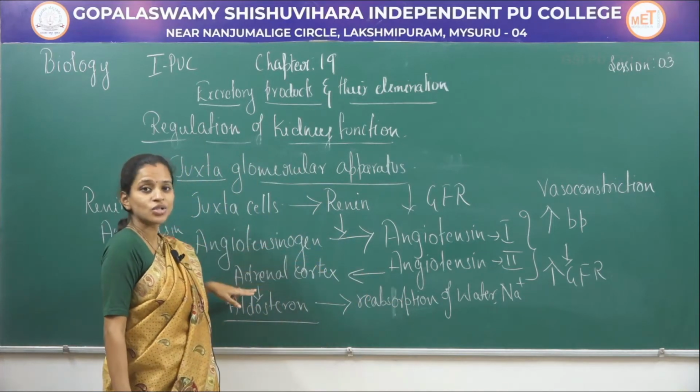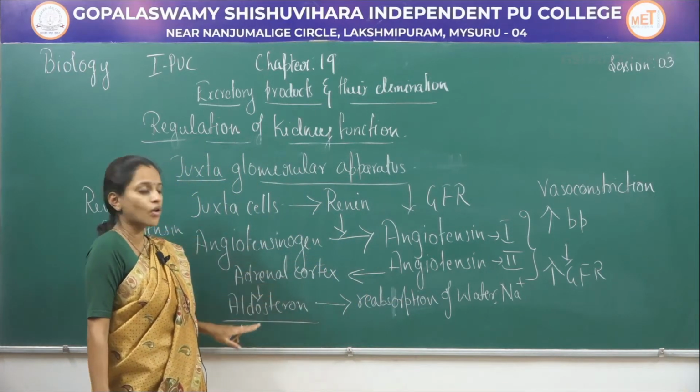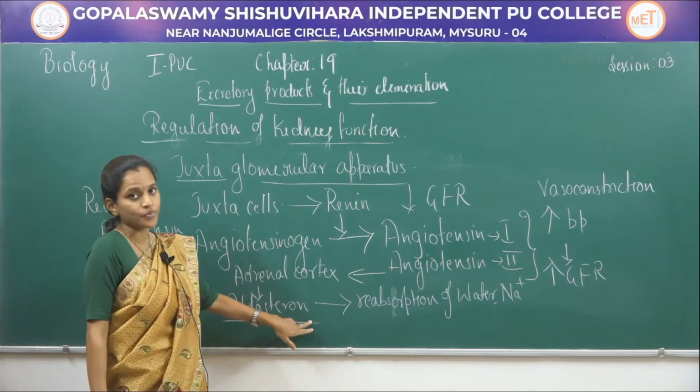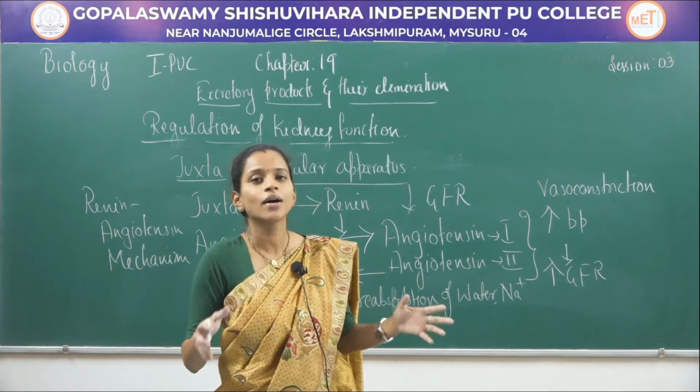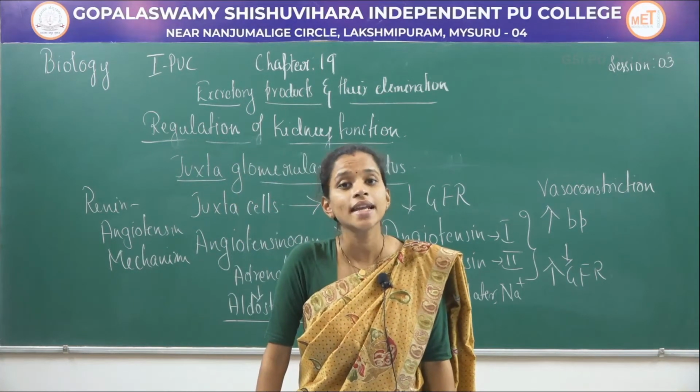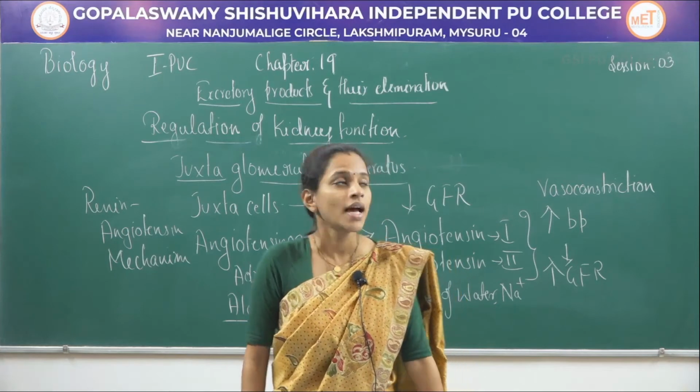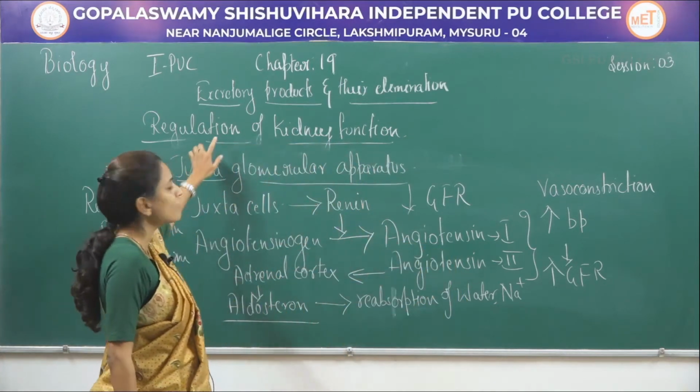Angiotensin 2 acts on the adrenal cortex to release a hormone called aldosterone. This helps in reabsorption of water as well as sodium, and the whole mechanism is termed the renin-angiotensin mechanism. That is about the second method of regulation.